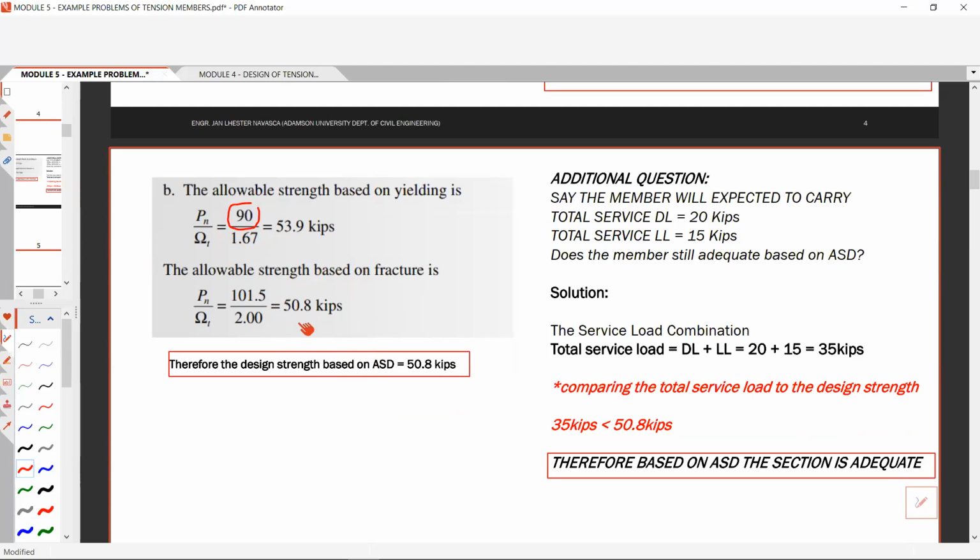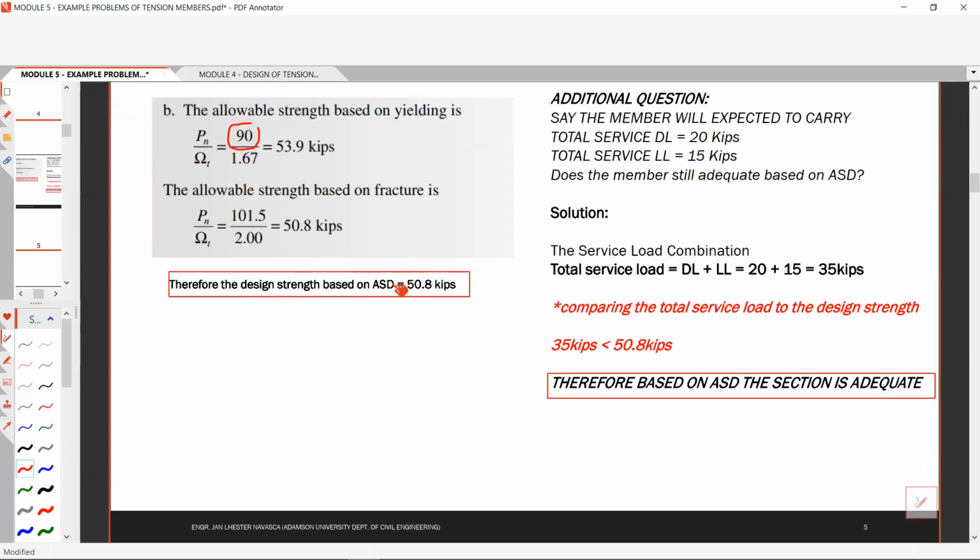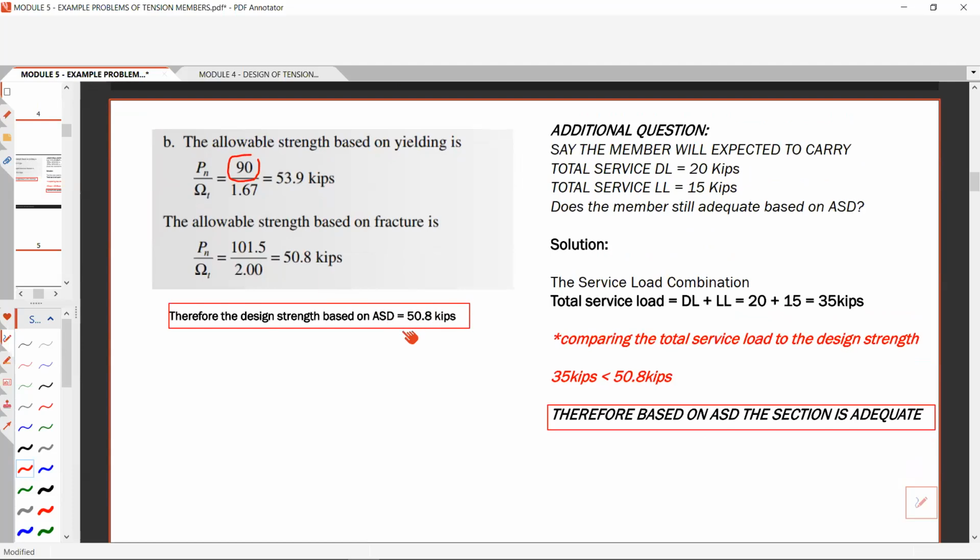Let's say you have increasing loads. At 50.8 kips, your section will start to fracture, and the yielding of the gross section will never happen, since it has already fractured and is no longer like a complete structural member. So based on design strength on ASD, this will be our capacity.